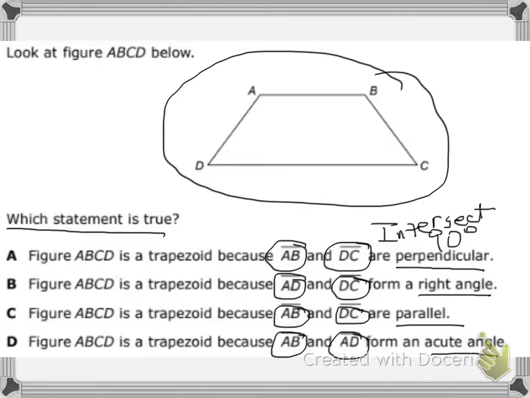Then I ask myself, looking at a right angle, it must form a 90-degree angle. Parallel, will the lines continue? And acute is an angle less than 90 degrees.